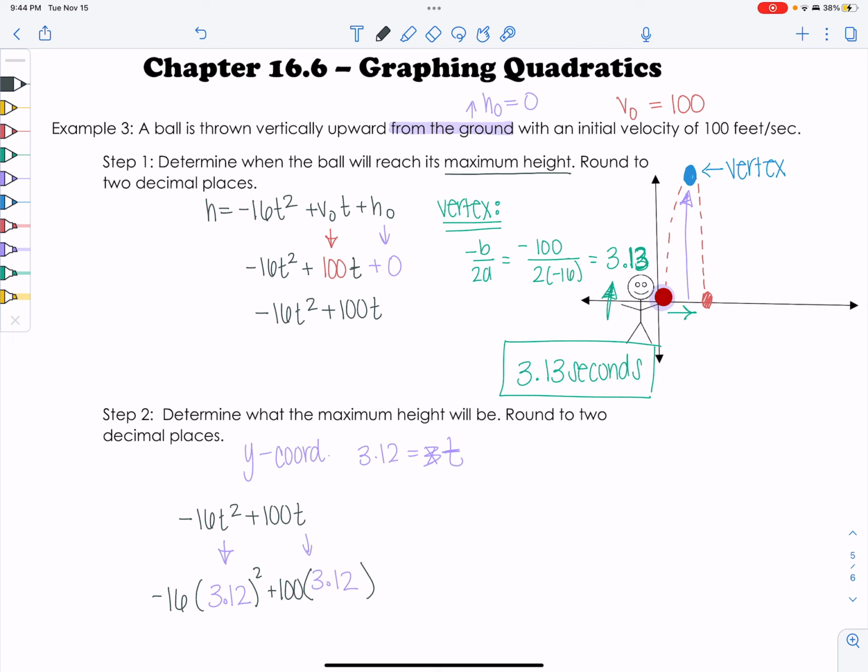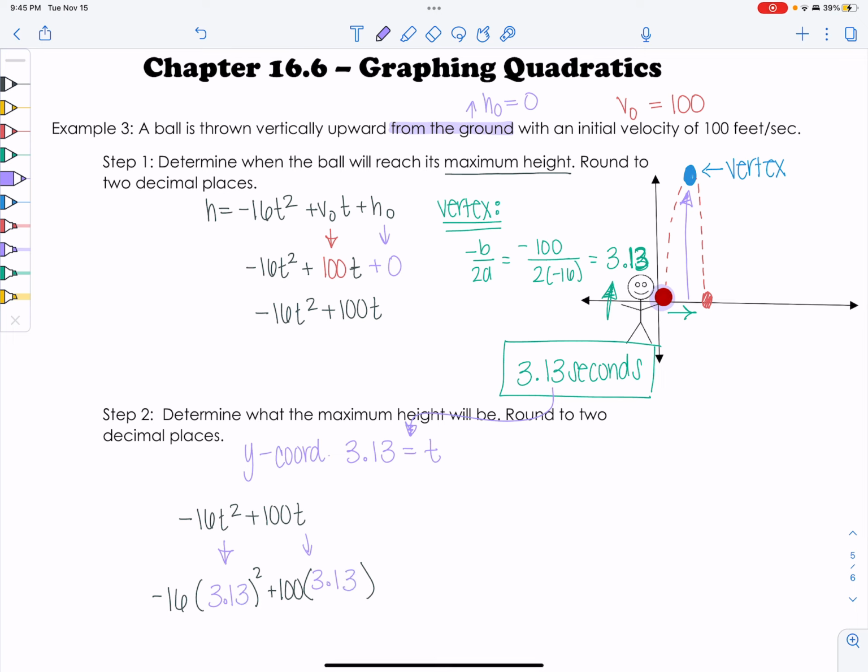Oh, and this should be, I'm making all kinds of errors, this should be 3.13. 3.13 equals t, because that's what I found. And now I'm finding the height itself, which corresponds with the y-coordinate, but technically is h in the context of my problem. This should say 3.13, 3.13.